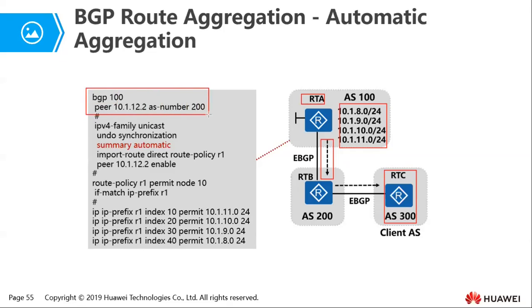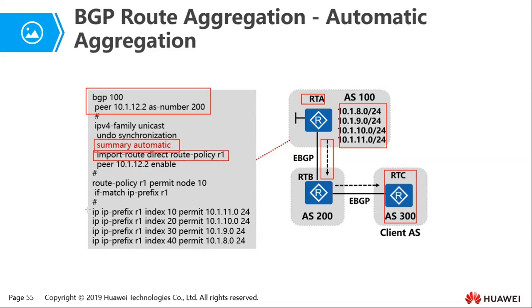we create BGP 100, we do the peering with RTB, then we use the command summary automatic. So once we use the command summary automatic, we can create a routing prefix.